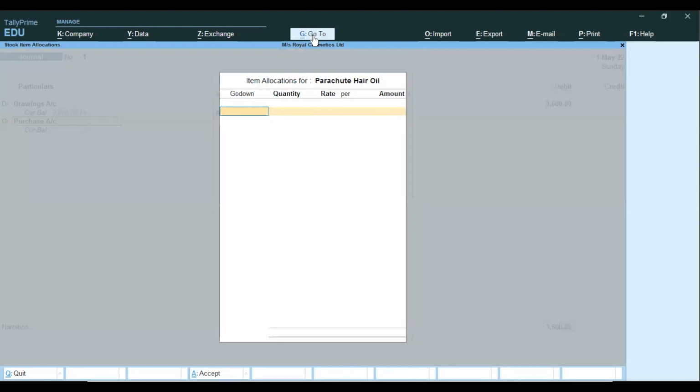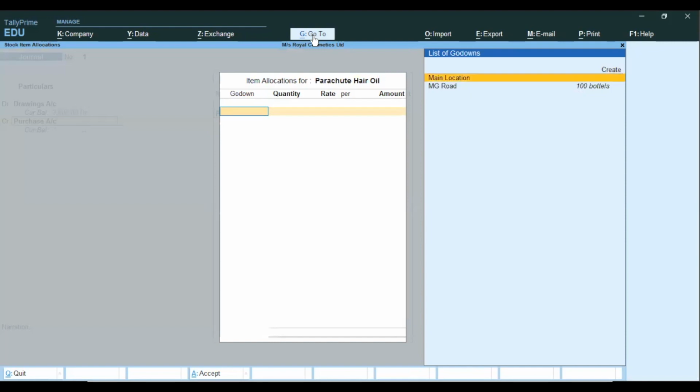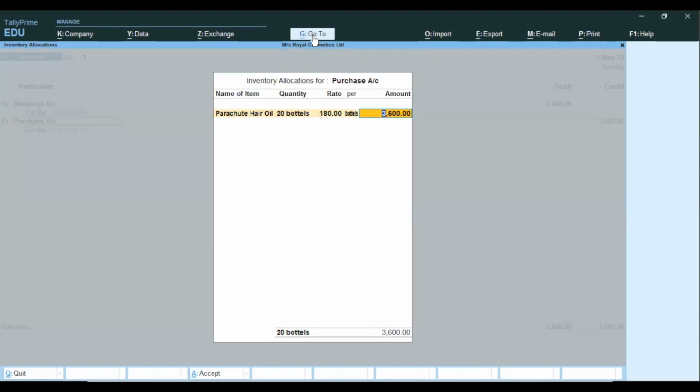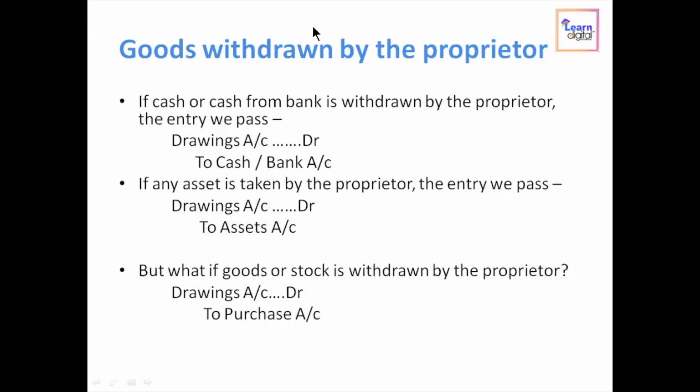So select the stock item from which, go down. We have 100 bottles at MG Road, go down, quantity 20. The rate will automatically appear over here. So in this way we can enter the goods that get withdrawn by the proprietor.